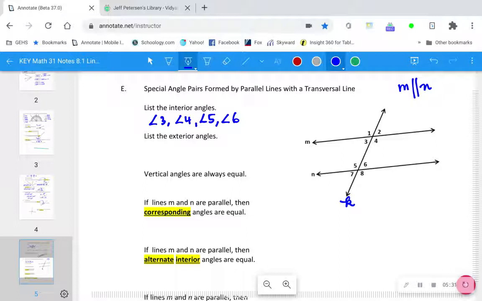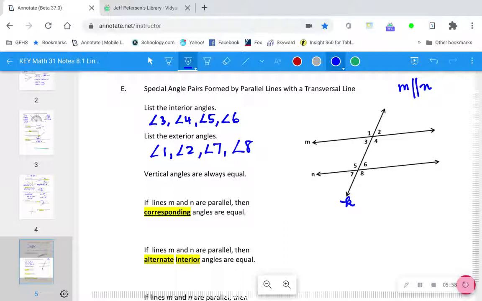Well, the ones that aren't between the parallel lines are in the exterior part. So that would be 1 and 2 and 7 and 8. So kind of process of elimination here. Angle 1 and angle 2, angle 7 and angle 8 are all exterior angles.